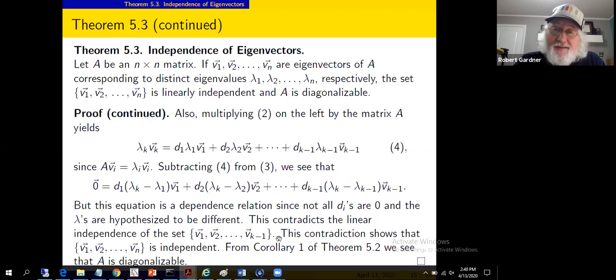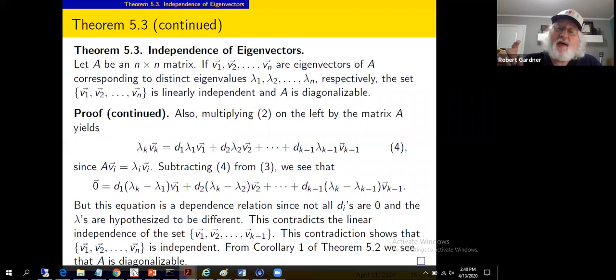But we got to this stage by knowing v1 through v sub k minus 1 was a linearly independent set. You can't have a dependence relation on a linearly independent set. That's the contradiction that says we've assumed something that must be false. We assumed that the vectors v1 through v sub n were linearly dependent.